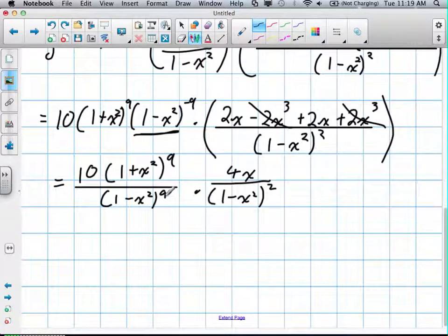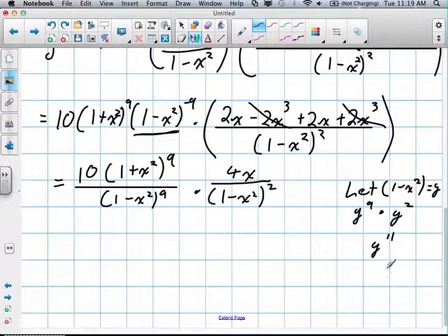Okay. Now we're multiplying across. Think of these bases. Think of this as if I said let 1 minus x squared be equal to y. What this would say is y to the 9 times y squared. Okay. Well, what is that going to give us? We just add the exponents, y to the 11.